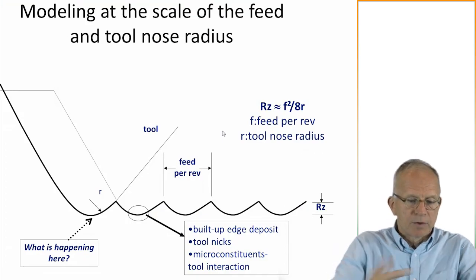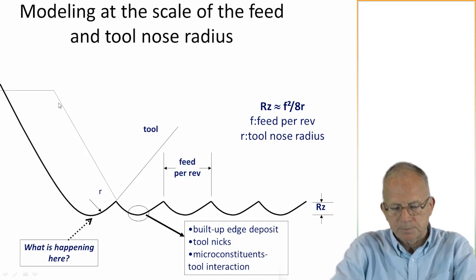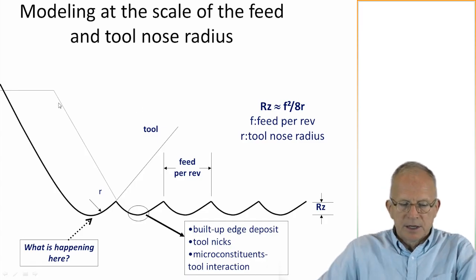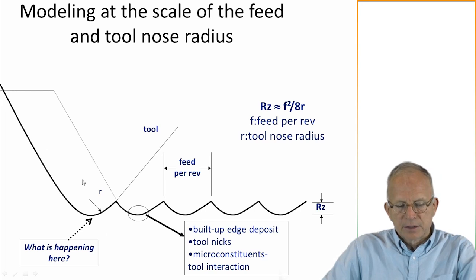So flipping this over and going the other way now, it's feeding in this direction. And here's the tool. Here is the old surface of the workpiece, and here's the new surface. And so this is the chip that is forming, and these are the cusps that are left behind.